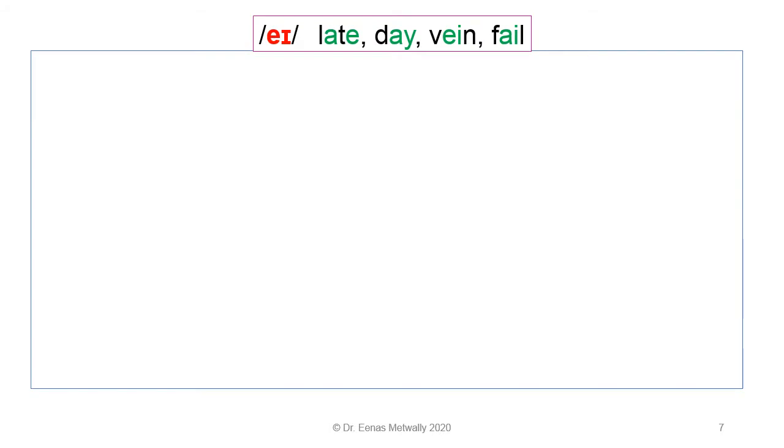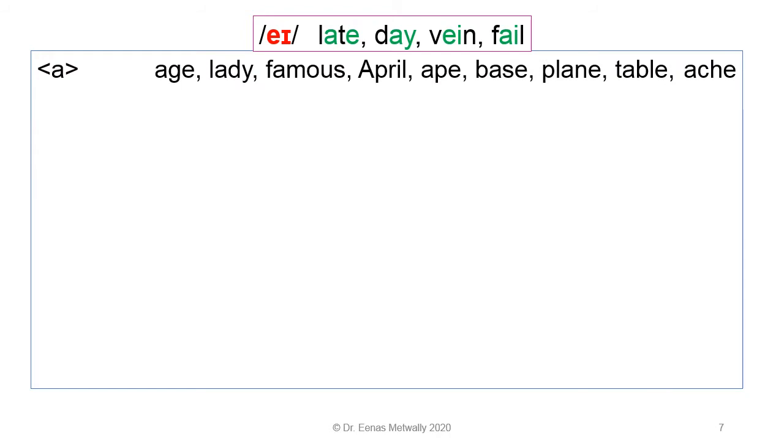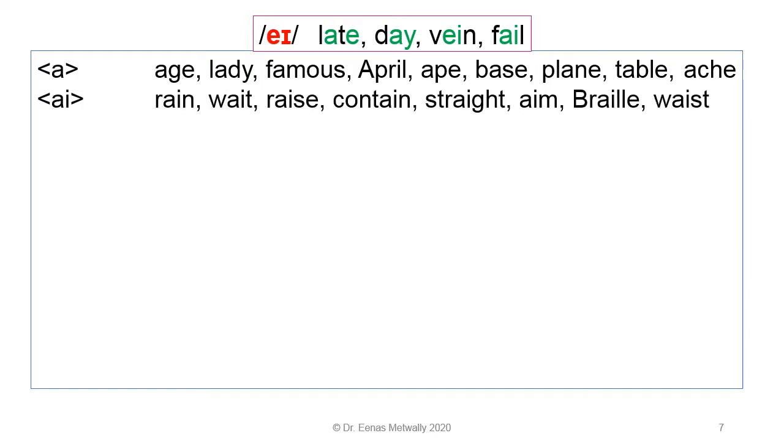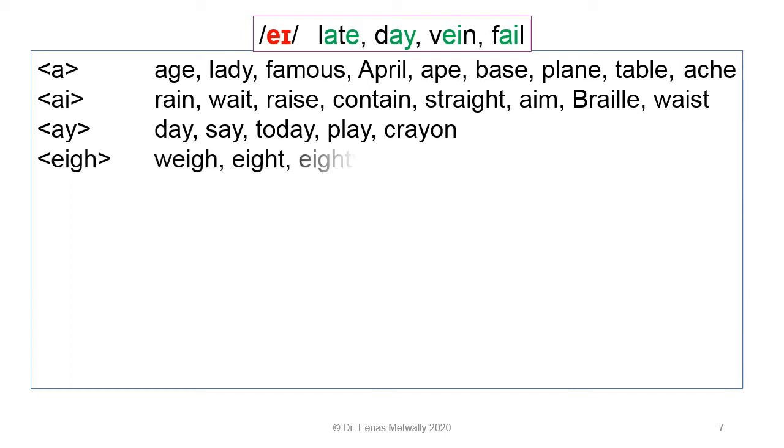Different spellings of a, the diphthong. Age, lady, famous, April, ape, base, plain, table, ache. Rain, wait, raise, contain, straight, aim, braille, waste. Day, say, today, play, crayon. Way, eight, eighty, neighbor, freight.